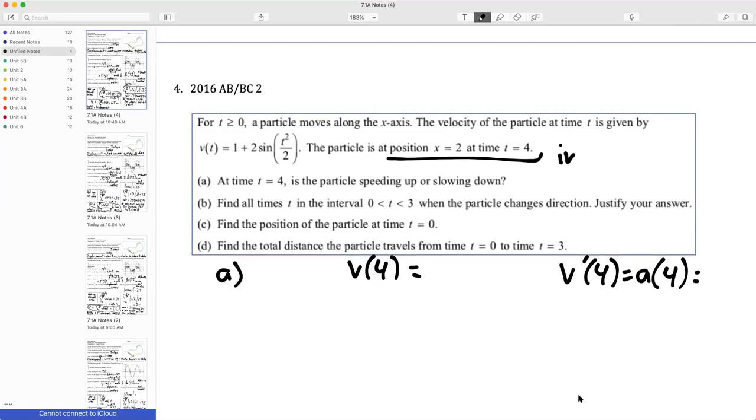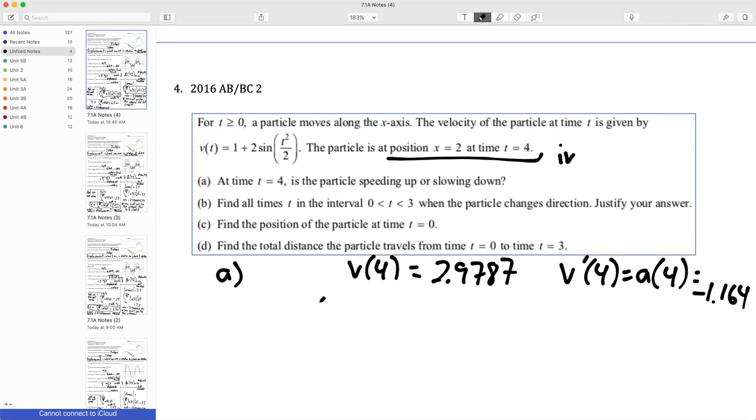Let's write this down. So V of 4 was 2.9787. A of 4 was negative 1.164.